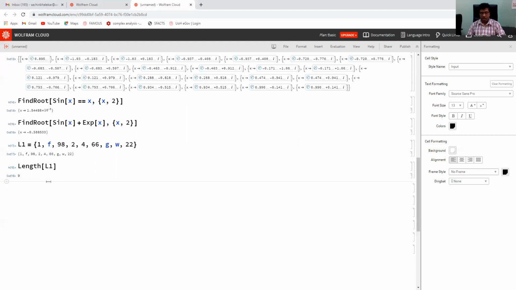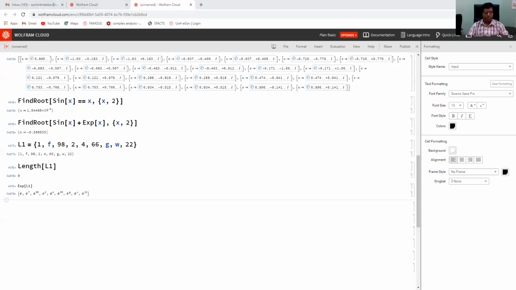We can operate some function on this list. For example, we can have e raised to this list L1. Then operation is element wise. Answer is e raised to 1, then e raised to f, e raised to 98, e raised to 2, etc. So if we are writing f of L1, then that is also a list so that function f is applied to each element.